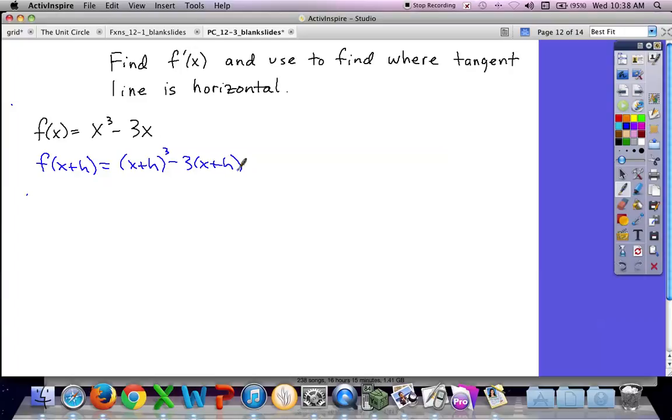We did these in chapter 9. Remember, the first term would be all x, so it would be x to the third. The next term would be x squared and then h to the first with a coefficient in front that we have to get later. The next term would have x to the first and h squared and a coefficient which we'll get later. And the last term is h to the third.